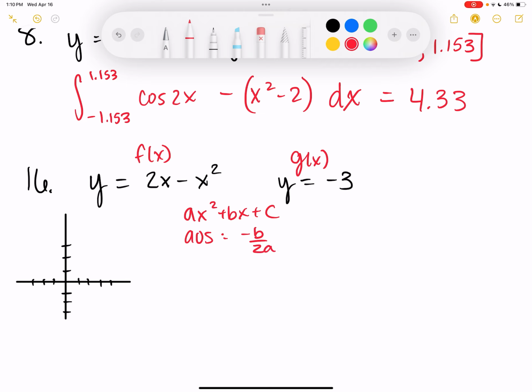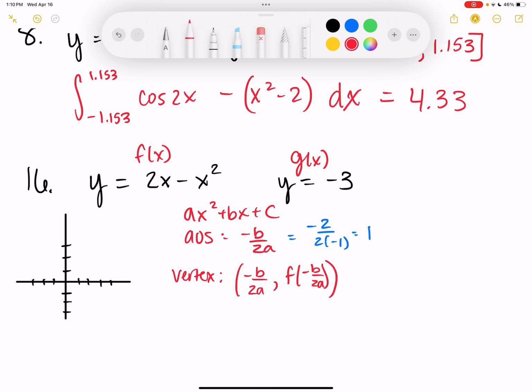For our particular situation, this would be negative 2 over 2 times negative 1, aka 1. And the vertex is at negative b over 2a, comma, f of negative b over 2a.